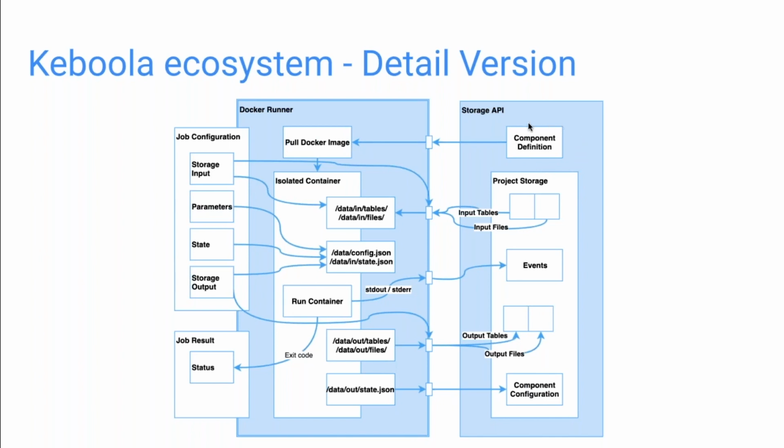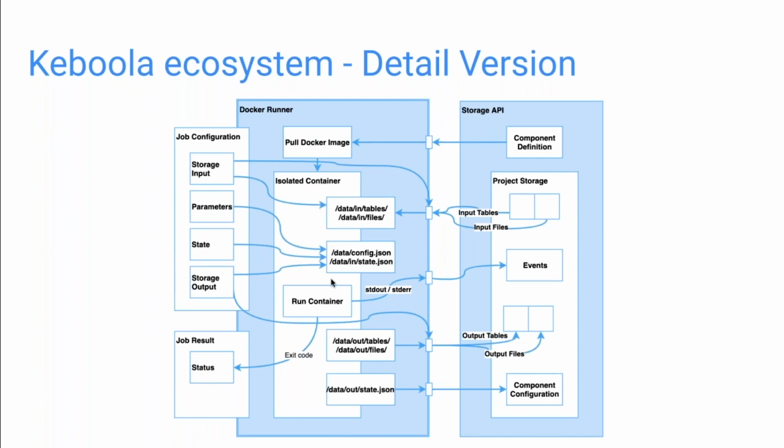Component definition means the image details. What it does is pull the Docker image, and it will create an isolated container. In this container, the storage API will export whatever input mapping, input tables or input files into our input folders.